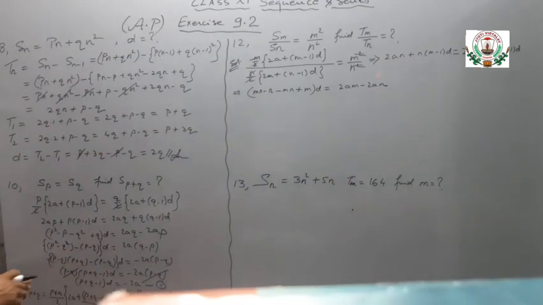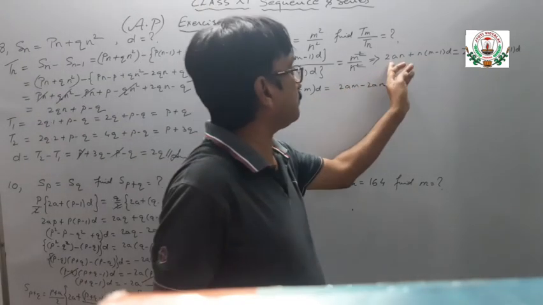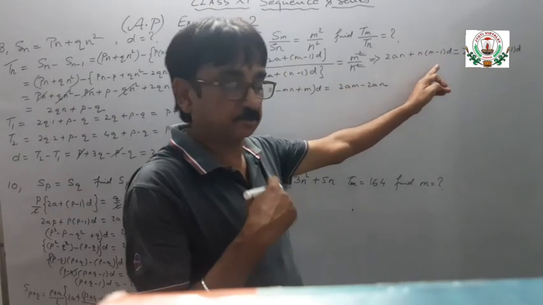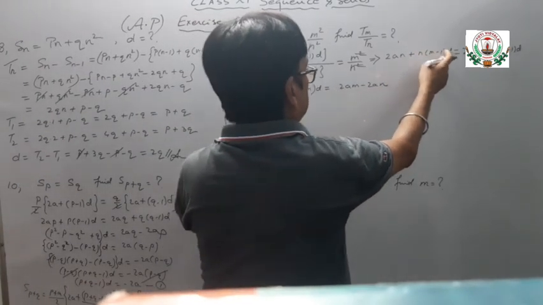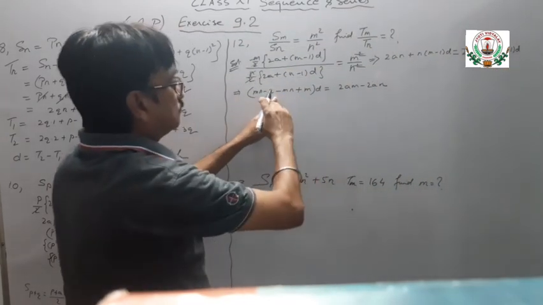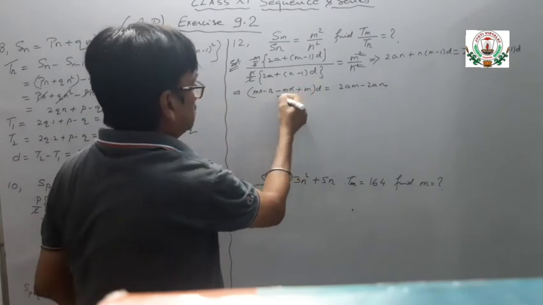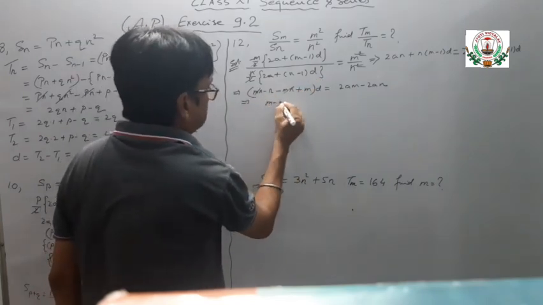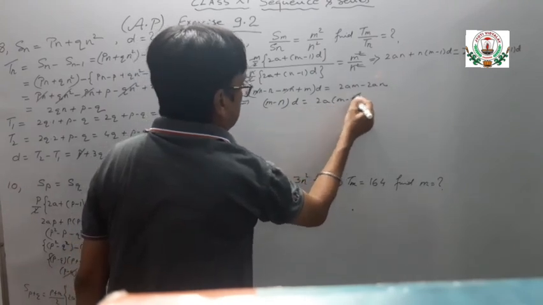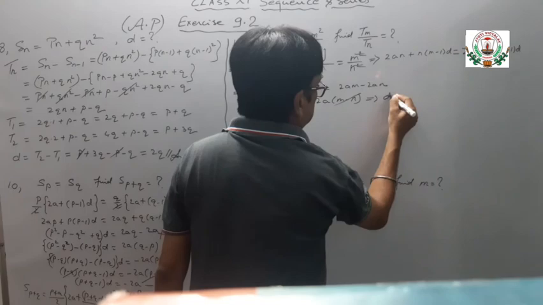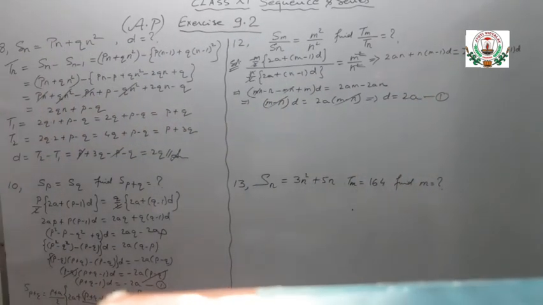Just as I transposed here, in the same way I have transposed in this question also: 2am minus 2an, and the common difference terms on one side. So mn minus n, and this term is transposed to the left, minus m into minus will become plus m, d common. This and this cancel, so (m minus n) into d equals 2a common (m minus n), so m minus n cancel, so d equals 2a.